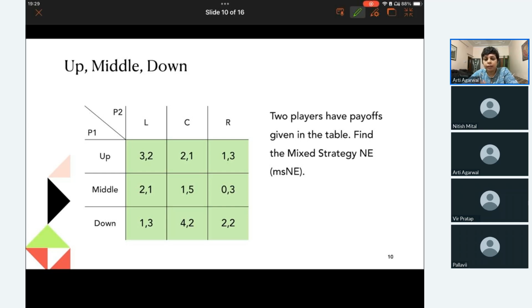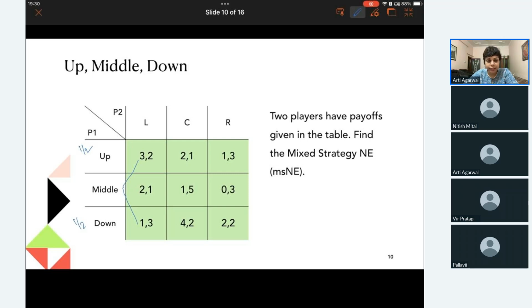What we can see in these kinds of scenarios is that I can take a mixed strategy of up and down and compare the payoff from that with middle. Suppose I take up and down with half probability each. The expected payoff comes out to be 2, which is equal to the payoff from middle for strategy L of P2.